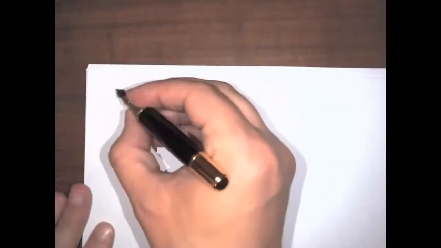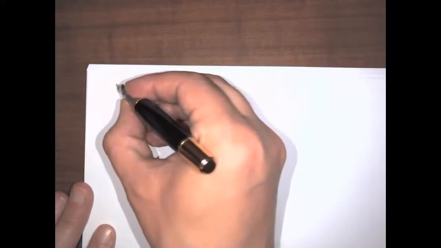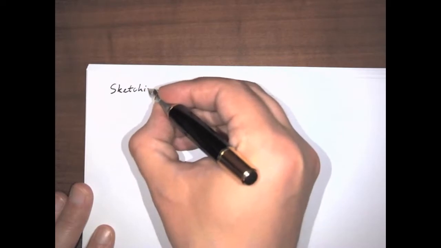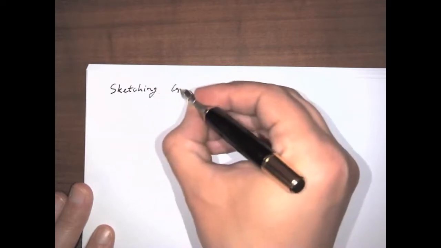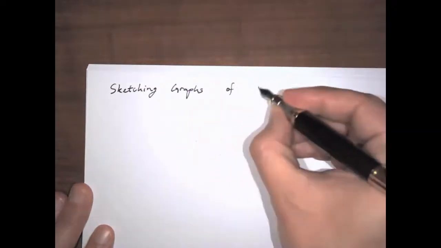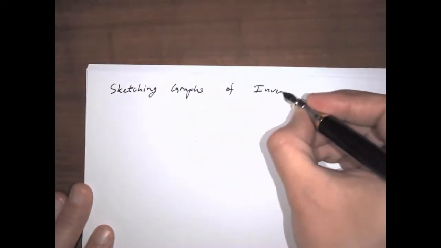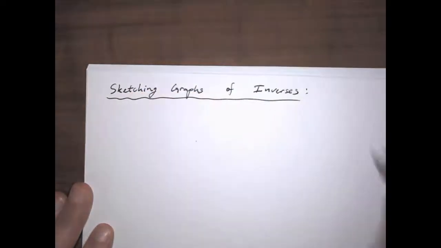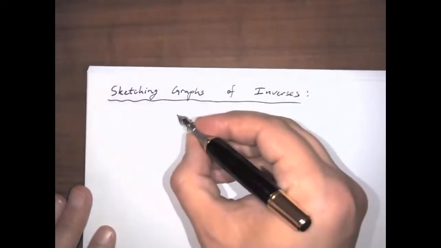Now, one last thing here: the relationship of the graphs of functions and their inverses. So, sketching graphs of inverses. If we have a graph of a function, we can sketch its inverse by switching the x and y.